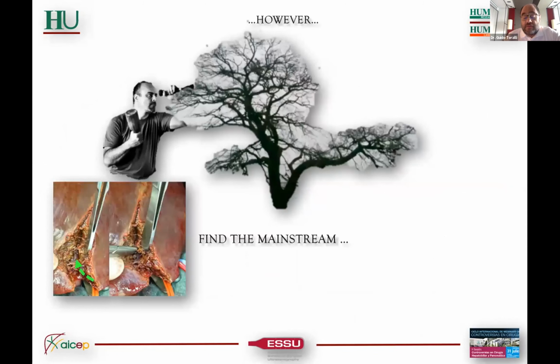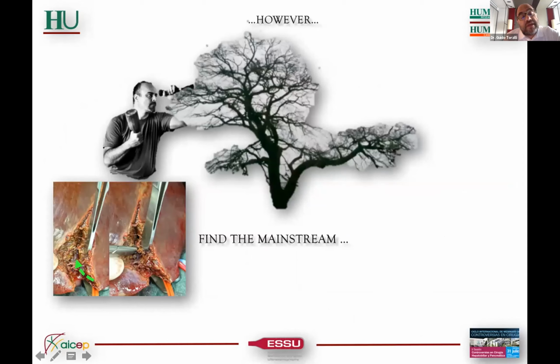And the solution is to find the mainstream. We used to identify the vessels just under the first part of the dissection, just a few millimeters. Identifying the major vessel is possible. This is the hepatic vein.